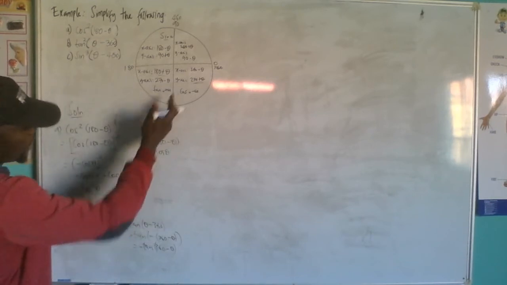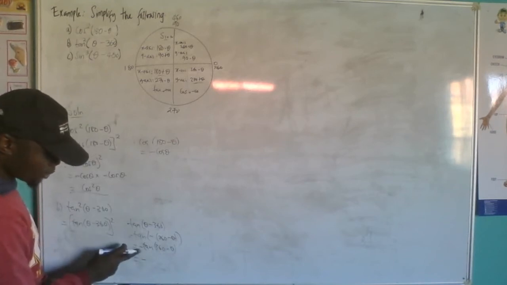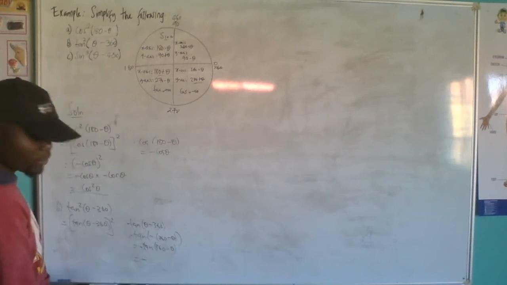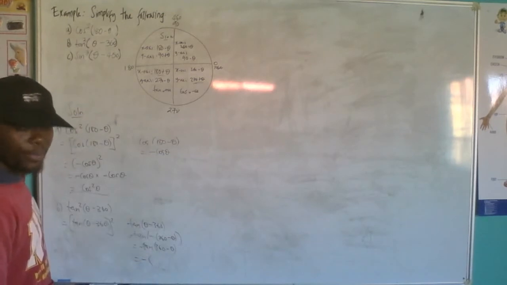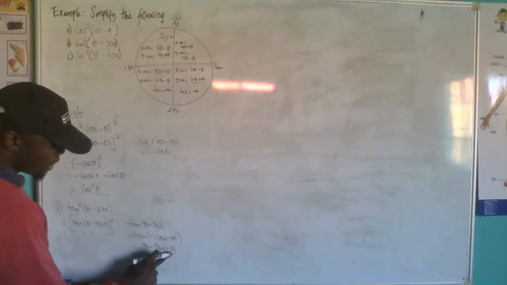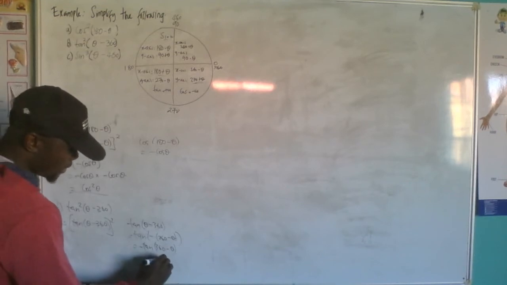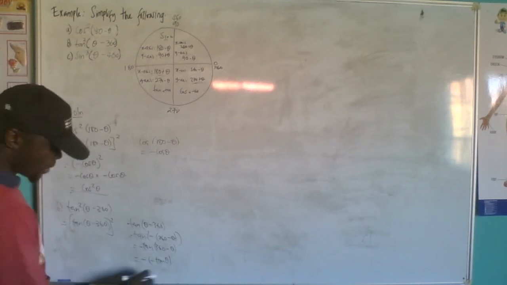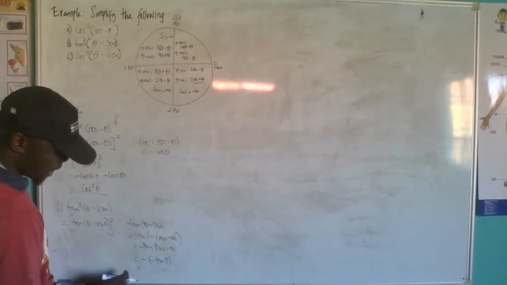Fine. Then from here, having 360 minus theta, what happens to tan in the fourth quadrant, because that's where the angle lies? So I'll write the negative, because the negative is not concerned with the angle, so it is left out. I can put a bracket to illustrate that. Then tan is negative in the fourth quadrant. Okay, fine. Then the next thing to do is to multiply the two.